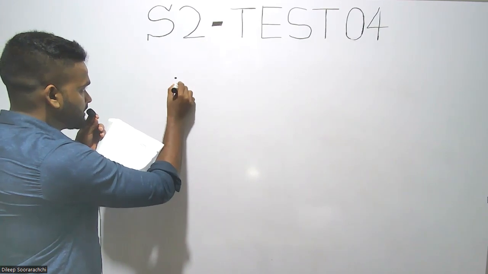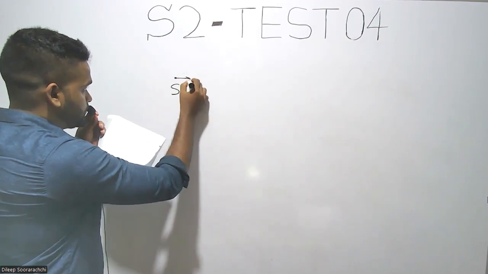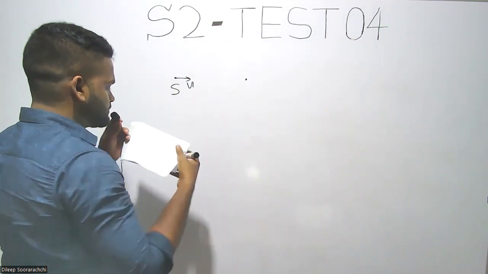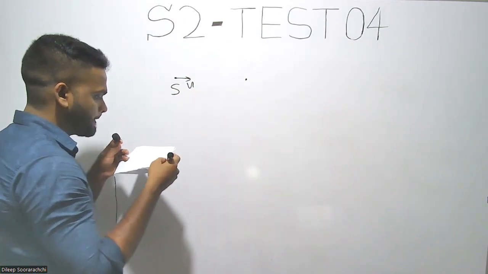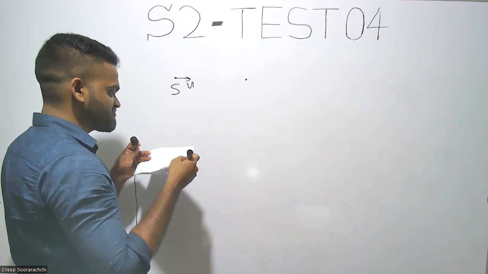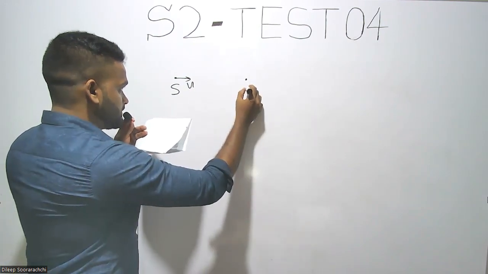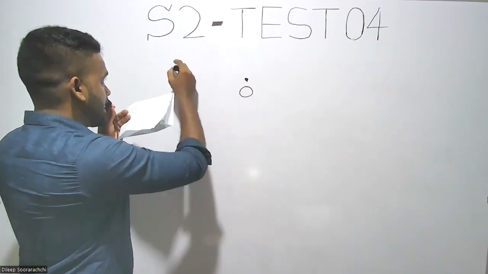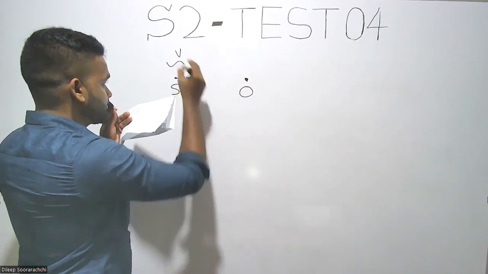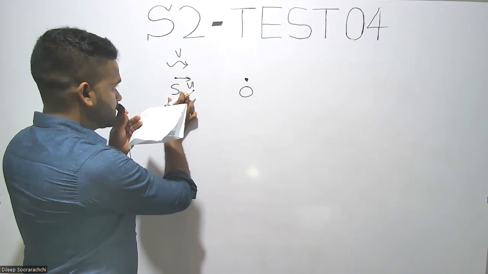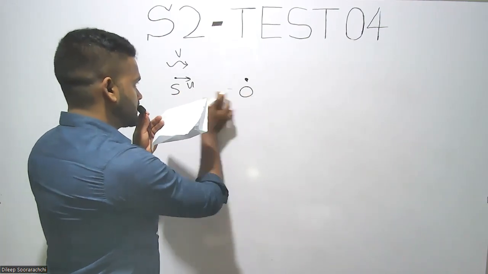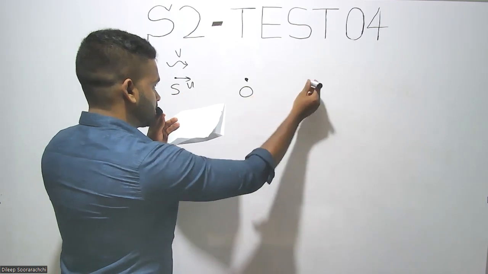There's this sound source which has a constant speed u, and it is moving towards a still observer. The observer is at rest, and the velocity of sound is v. The source moves towards the observer, and then passes the observer.